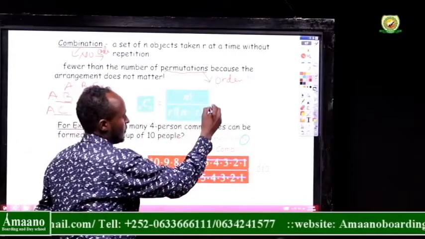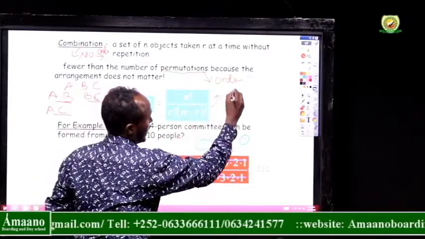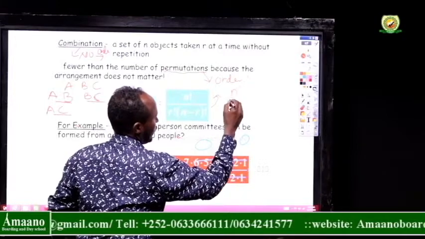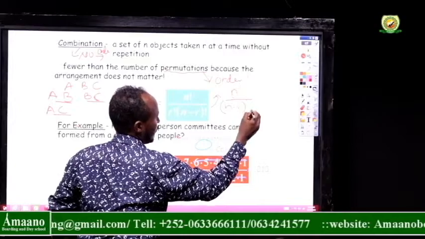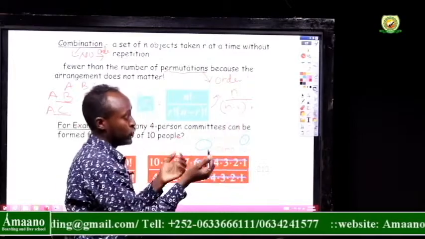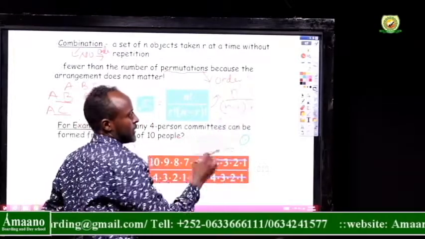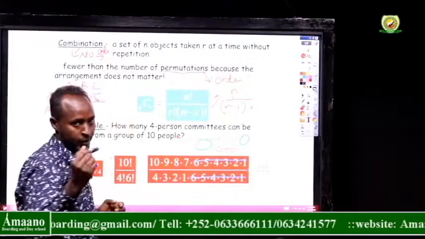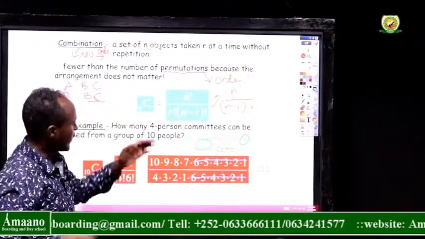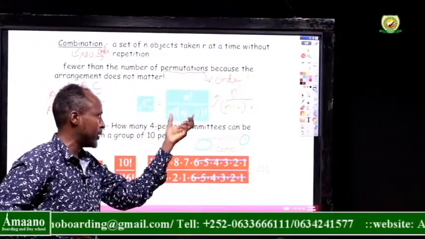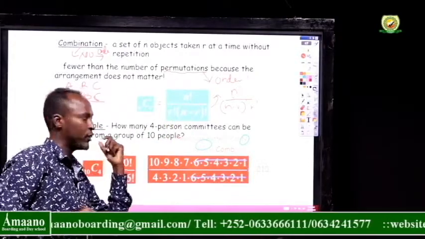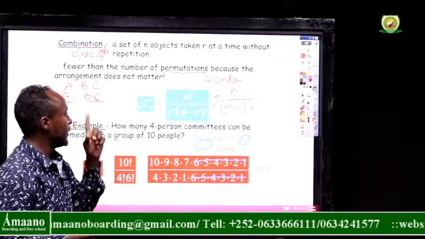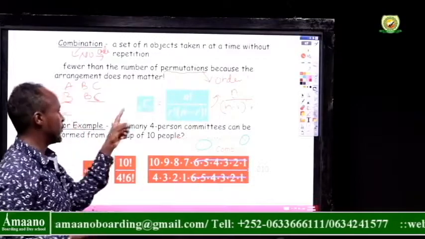As we did earlier, it was n factorial divided by n minus r factorial divided by r factorial. There is no confusion. You can swap these 2 numbers, because multiplication is commutative. You can write first r factorial and then n minus r factorial, or first n minus r factorial times r factorial.